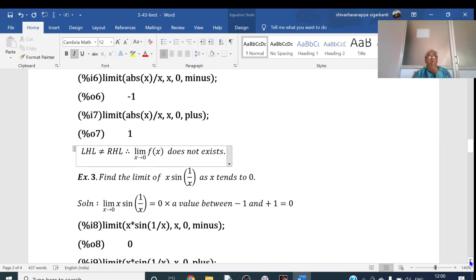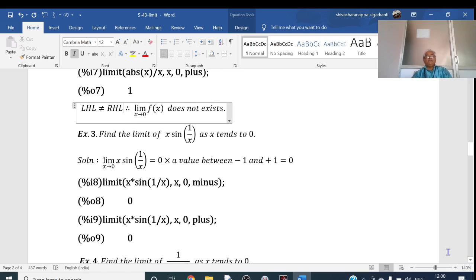Next, find the limit of x into sine of 1 by x as x tends to 0.